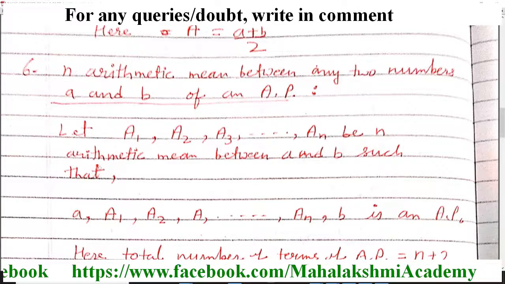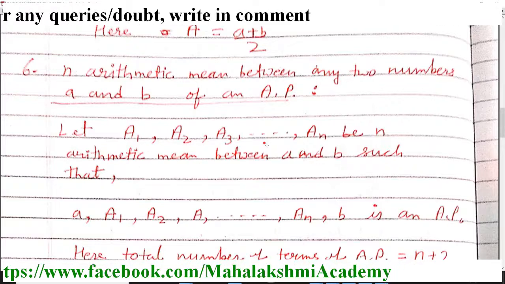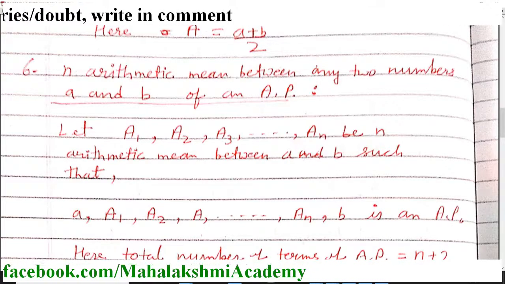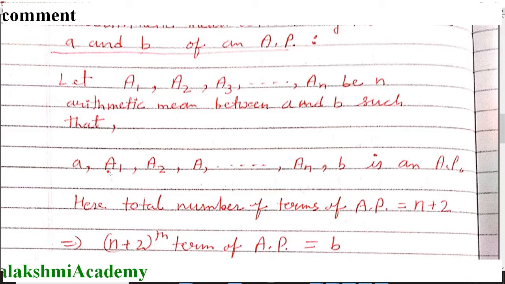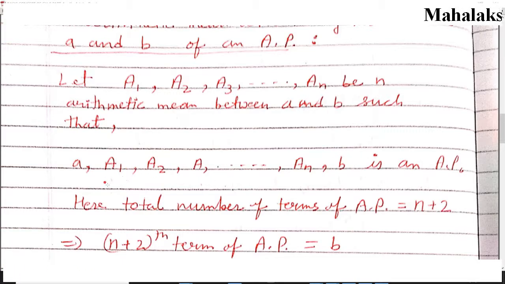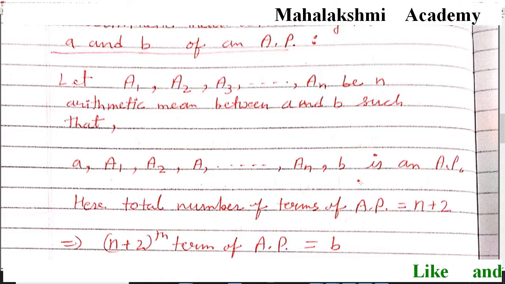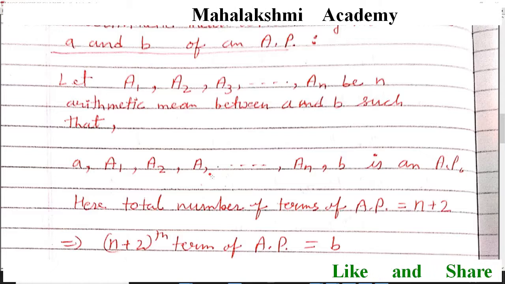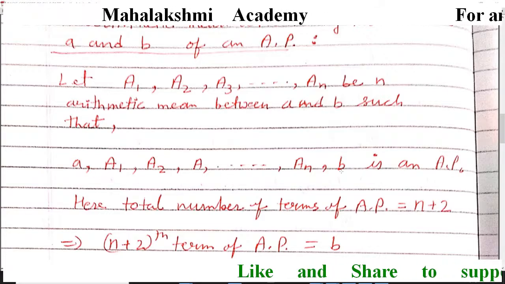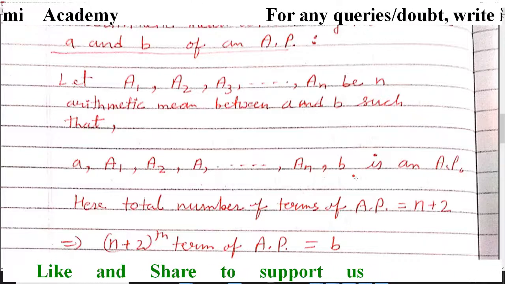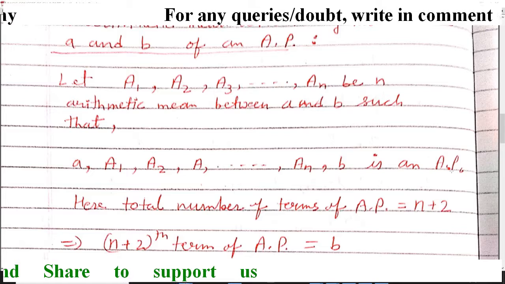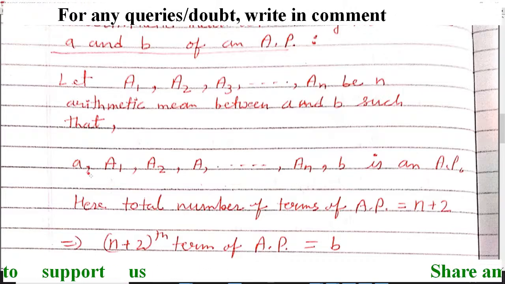Since these are arithmetic means between a and b, I wrote them in between a and b. Now this complete series is going to be an AP. It is a property of arithmetic means that if you introduce arithmetic means between two numbers a and b, then the new series you obtain is also an arithmetic progression.